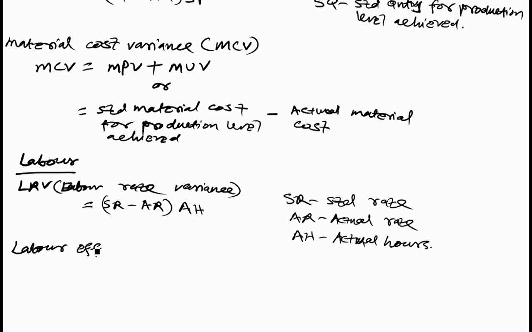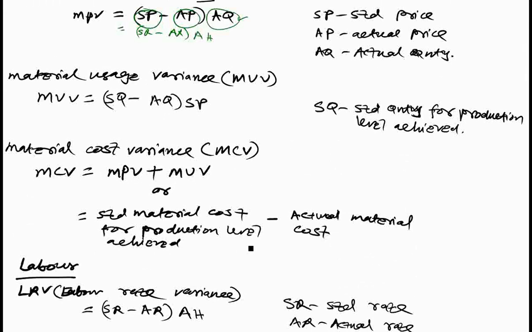Yeah. Good. Next is labor efficiency variance. This variance is borrowed from material usage variance. Now under material usage variance, we said that the formula is standard quantity minus actual quantity into standard price. Now for laborers, it is wrong to say that you are using a laborer. So we just try to say how the laborer helps us to achieve our objectives. So instead of saying labor usage, we say labor efficiency.